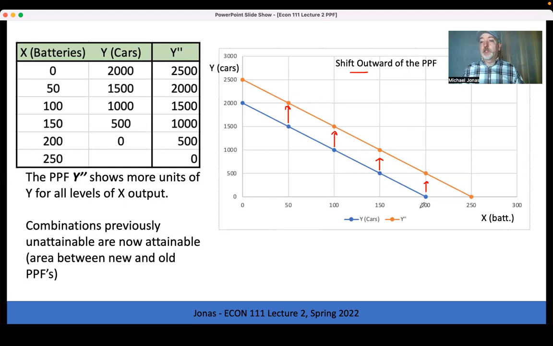So if this represented an economy as a whole, you might say, okay, if we have immigration, people coming in, an increase in the labor force, if we put all those people to work, we're able to produce more of everything. That would shift the PPF outward. Or increasing technology over time, making production, given our resources, more efficient, we would see that PPF shift up and out. In this case, if Tesla opened up a new factory, it would increase their production capabilities.